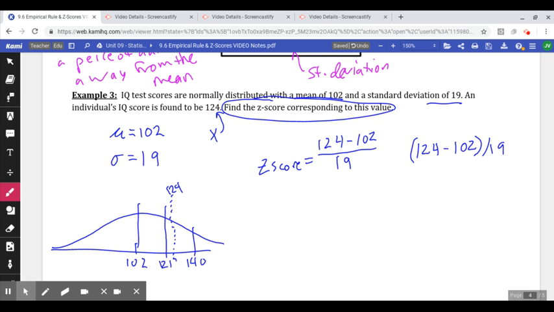Alternatively, you can just do 124 minus 102, hit enter, and then hit the division key, which will bring your answer down, and then just divide by 19. You hit enter, and you'll get your score there. So the z-score is approximately 1.158. All that z-score is telling us is how many standard deviations away from the mean the particular piece of data is that we're looking at.